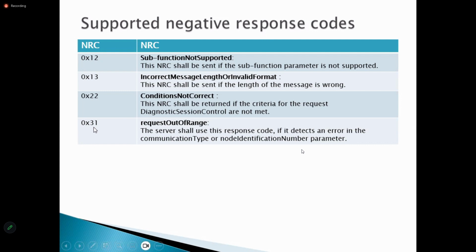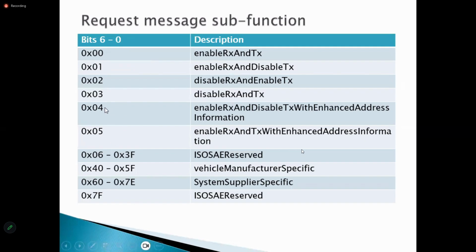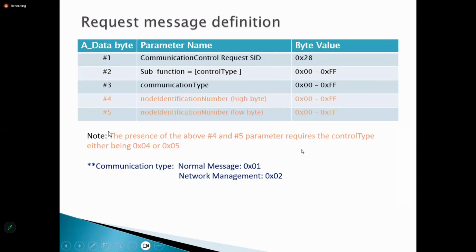NRC 31, request out of range, is applicable for subfunction 04 and 05. If there is a request of 04 and 05 and the node identification number is not correct, then NRC 31 will come. Understood? Yes, sir.